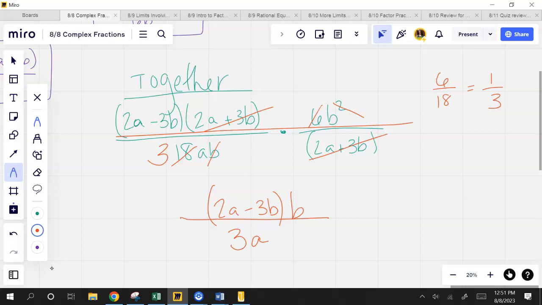Yeah, funny. Yeah. Because, right, there was 2 here. Nope.